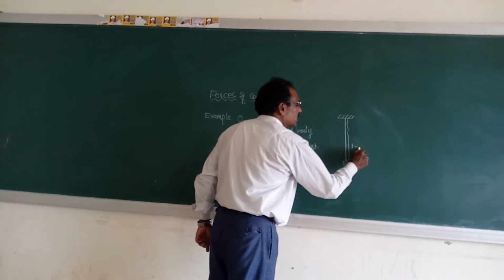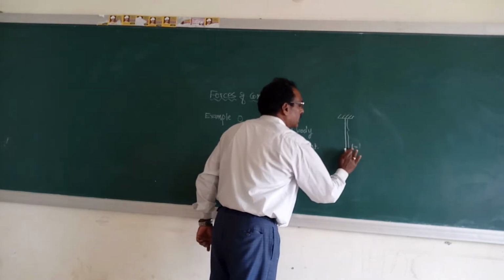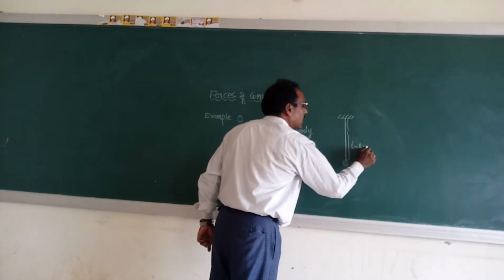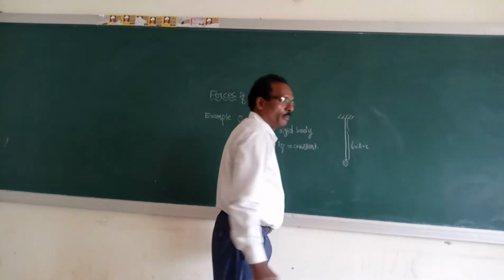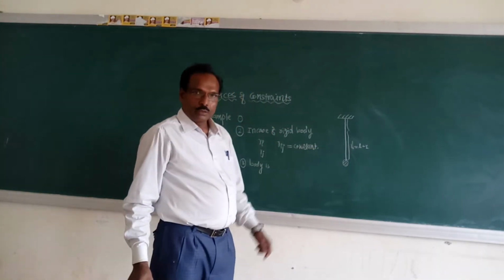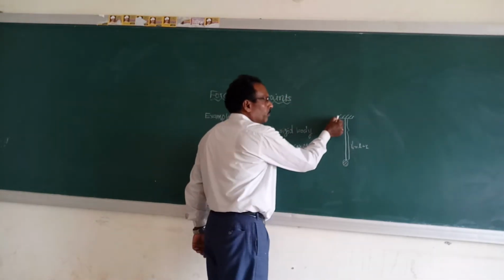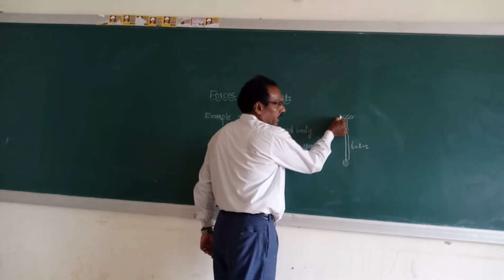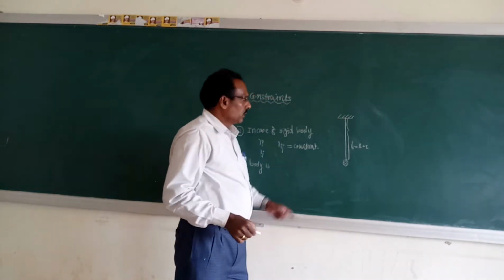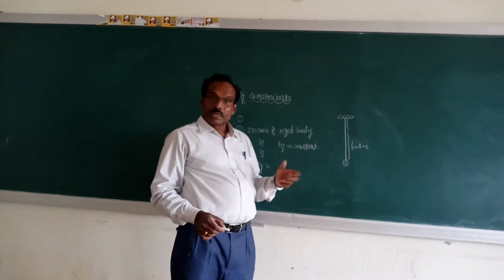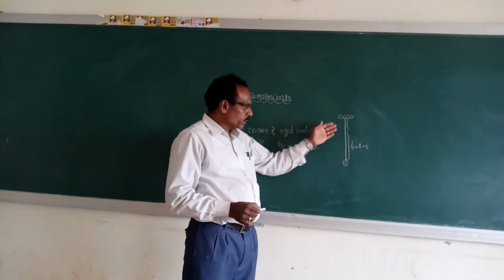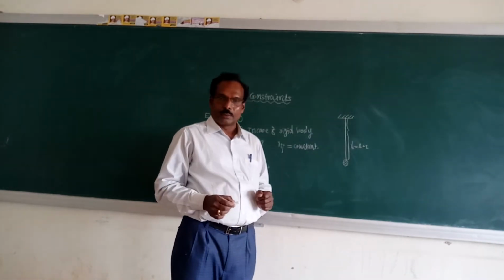We call this capital L is equal to small l plus r, where r is the radius of the ball in case of the simple pendulum. This ball with this string is fixed at one end, at a fixed point where it is supported.